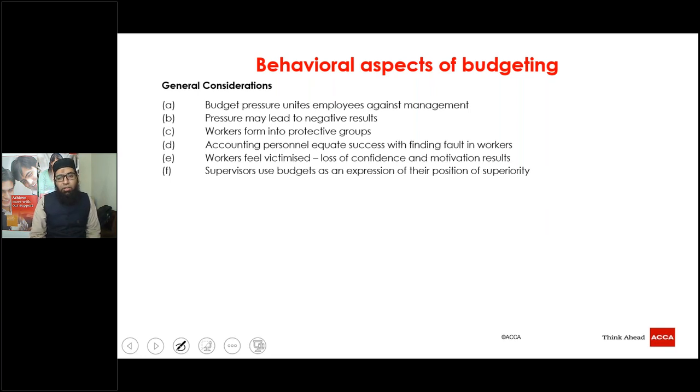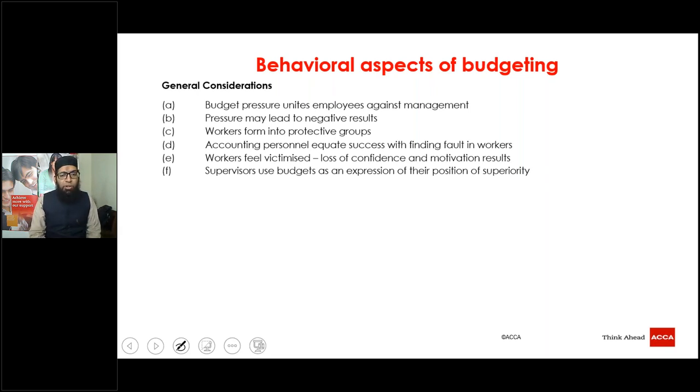Pressure may lead to negative results. So sometimes there is so much pressure of budget that the results may become negative. Then the workers form into protective groups. So they make up their groups so that they can protect each other.